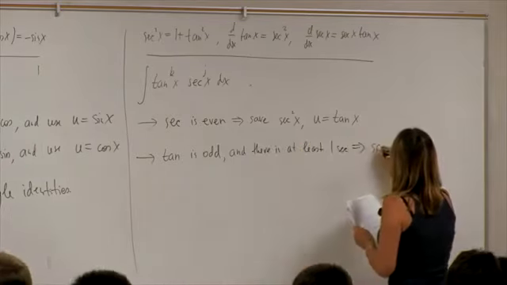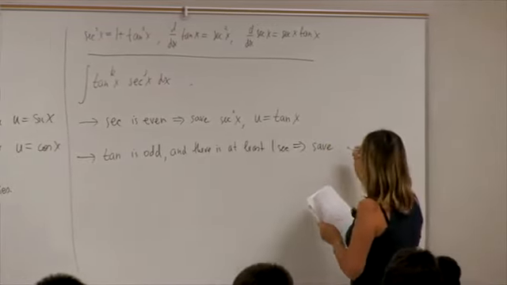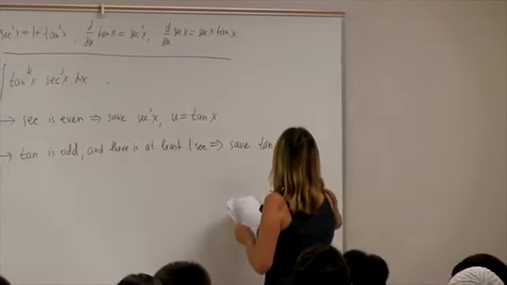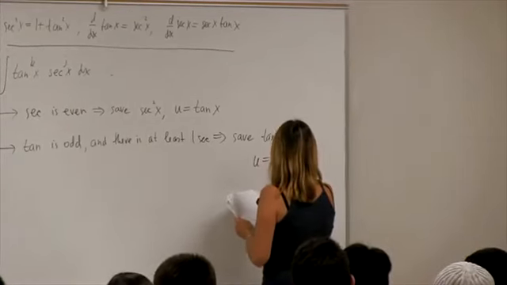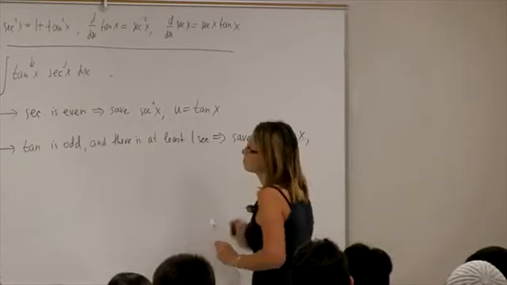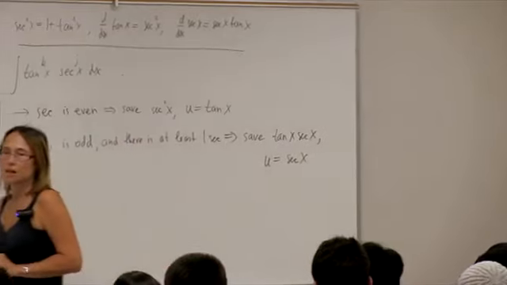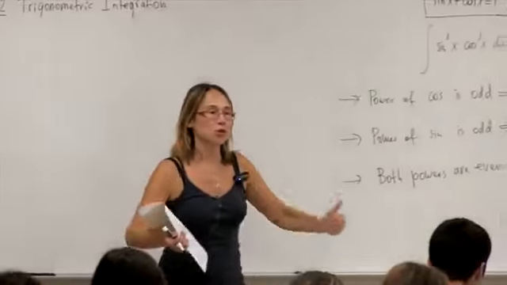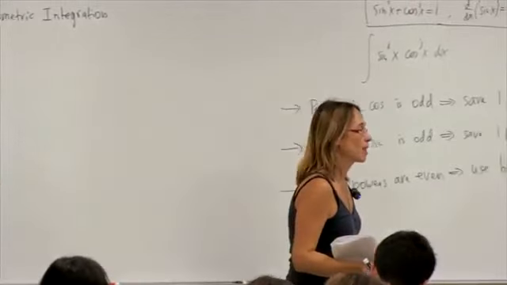So in this case, we save tangent x secant x and use u equals secant x. Okay. So these are two cases, but unfortunately they do not exhaust all logical possibilities.